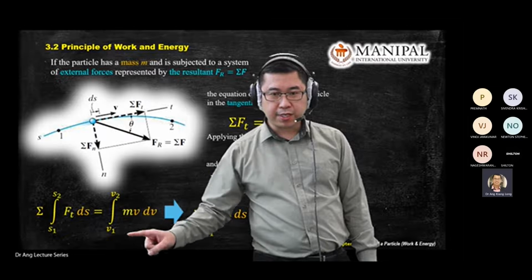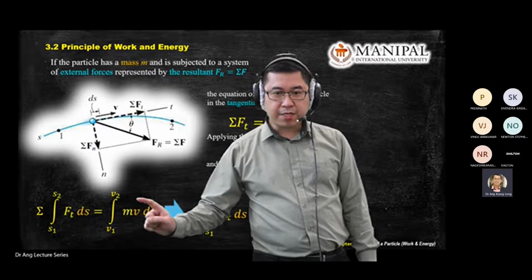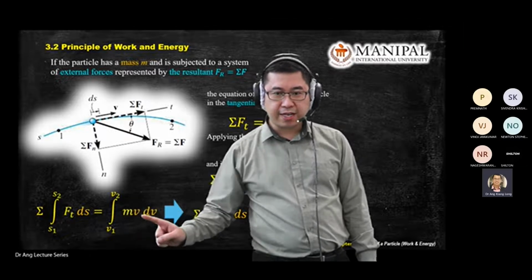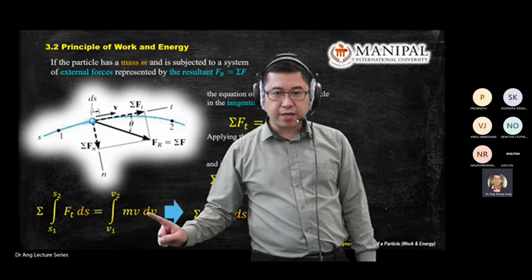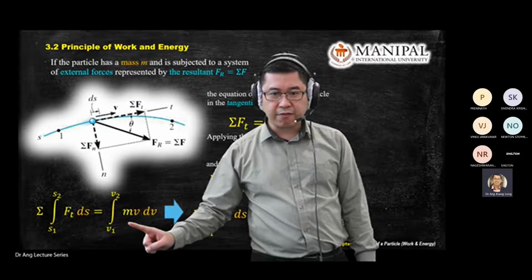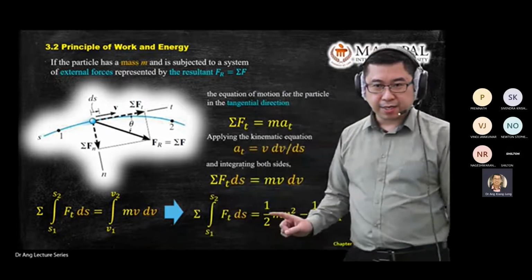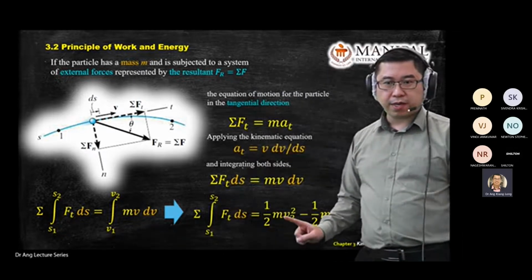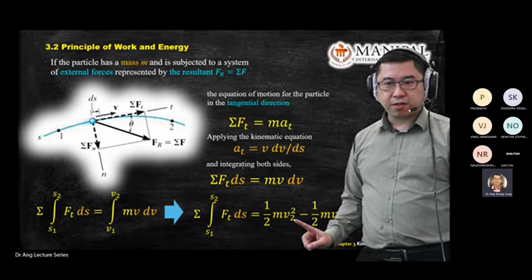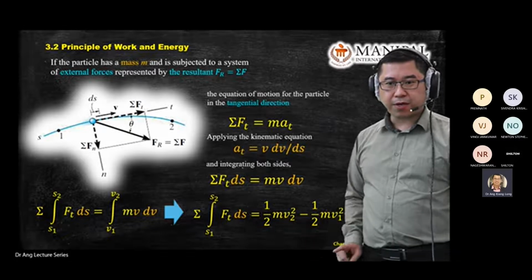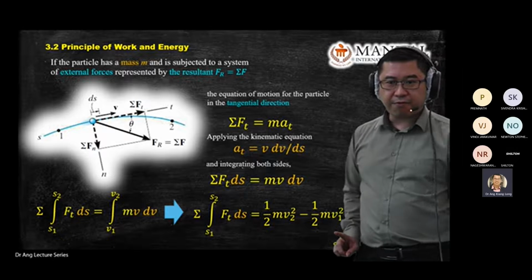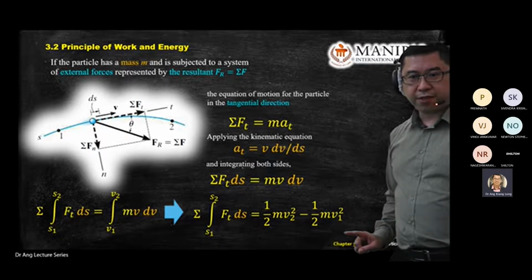If you use the same concept, m is a constant, you can move it outside. V, you integrate dv, you get v squared divided by 2. And then you put the m back inside. You get 1 over 2 m v squared at the second point, minus half m v squared at the first point.